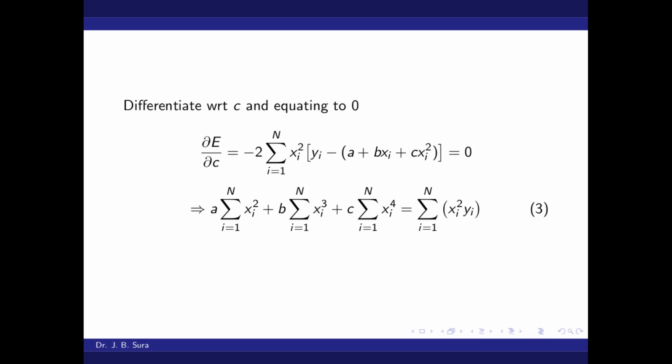That means a sigma xi square plus b sigma xi cube plus c sigma xi raised to 4 is equal to sigma xi square yi, equation number 3.